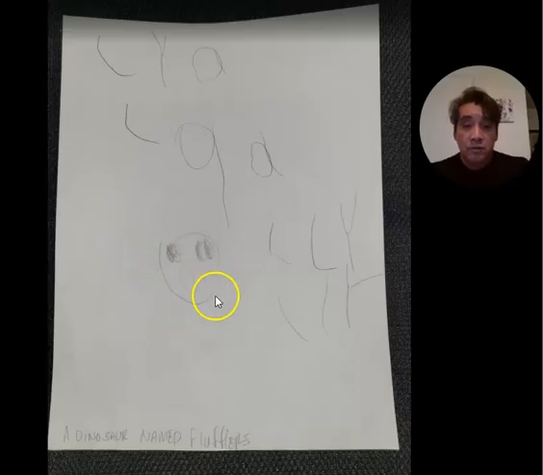Now here she drew a face of a dinosaur, and this is the name of the dinosaur, which was Flufflers. So this was her attempt at writing Flufflers. But as you can see, she did write some of the letters that are associated with her name.